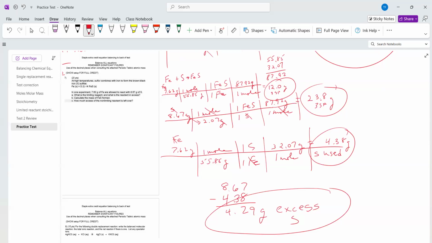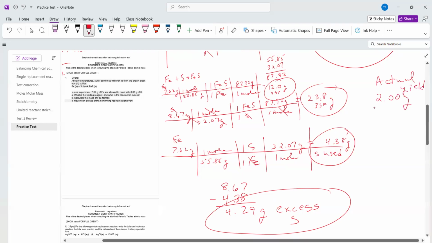The only thing is, I'm going to put a yield in there as well. Let's say the yield on this problem was, let's say 2 grams. Okay, we should have got 12 theoretical.